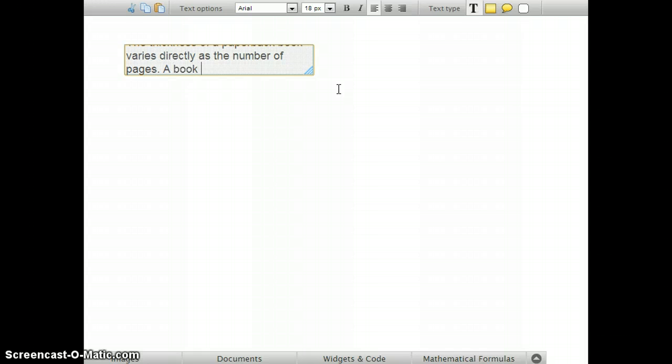A book 3.2 centimeters thick has 750 pages. Approximate the thickness of a book which would have 957 pages.